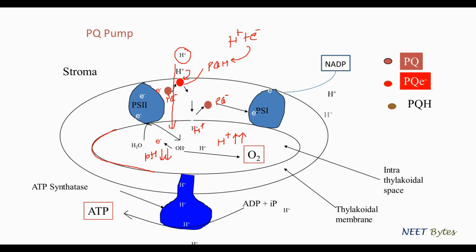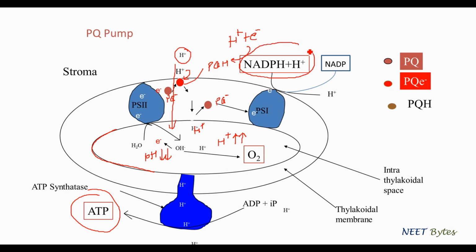Later on this H ion moves on and binds with NADP and the electrons are coming there, and finally assimilatory power in the form of NADPH plus H plus is formed. So just see, both the ATP and the assimilatory power in the form of NADPH or NADPH2 are formed. So this is all about the formation of assimilatory power and the mechanism we have.